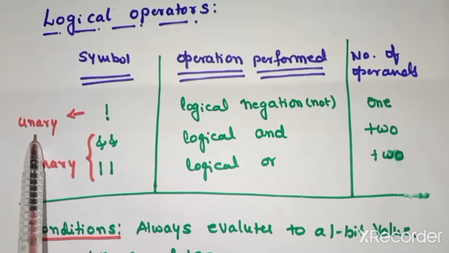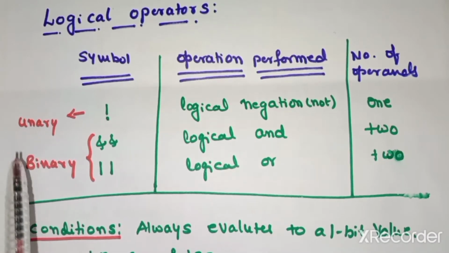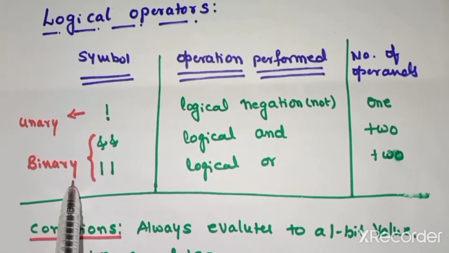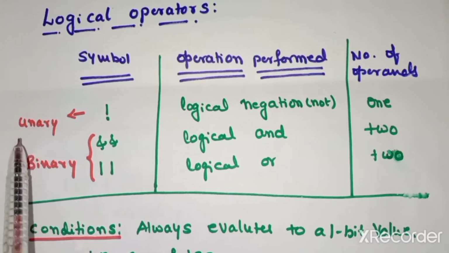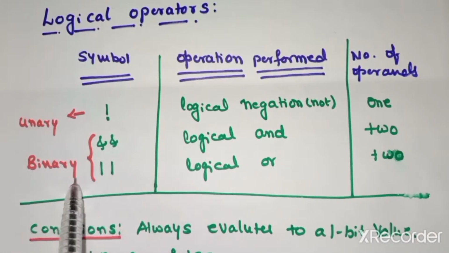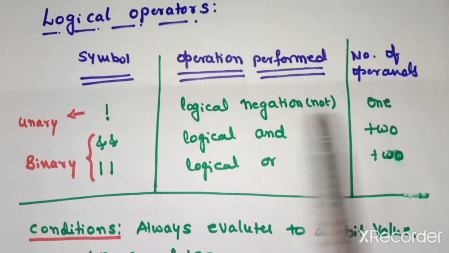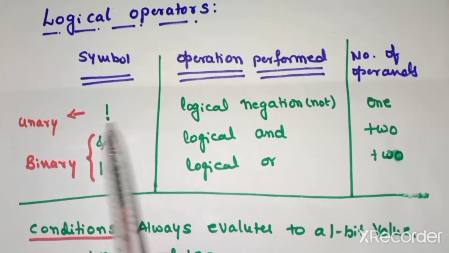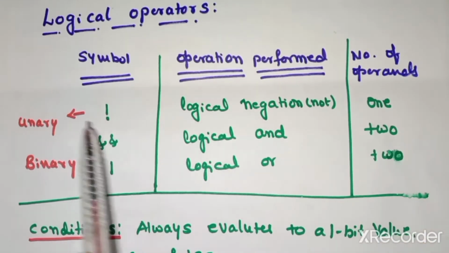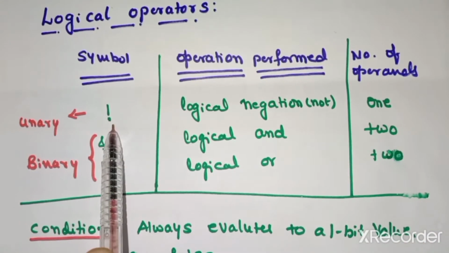Another point to understand is that in the logical operators we have two types of operators: unary operators and binary operators. Already in the arithmetic operators we studied the unary and binary operators. If an operator uses only one operand, it is called a unary operator.